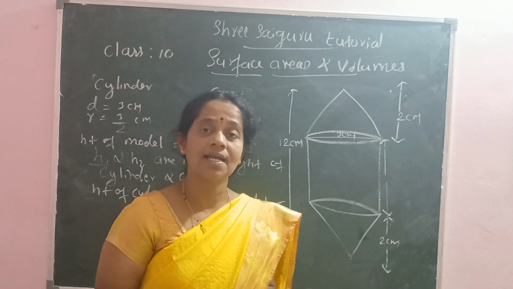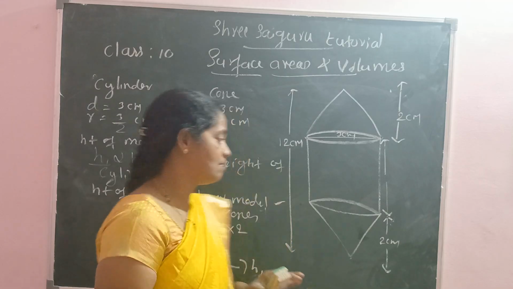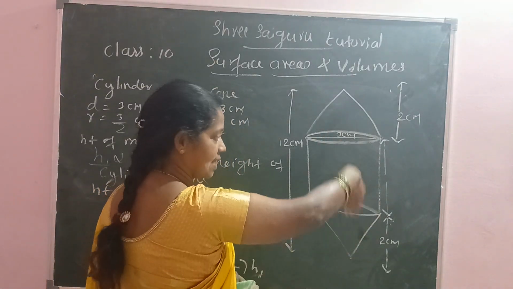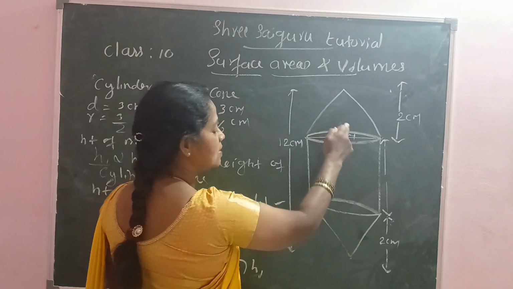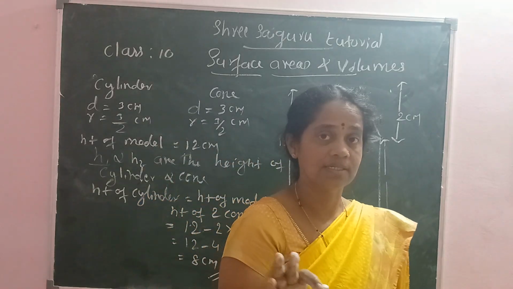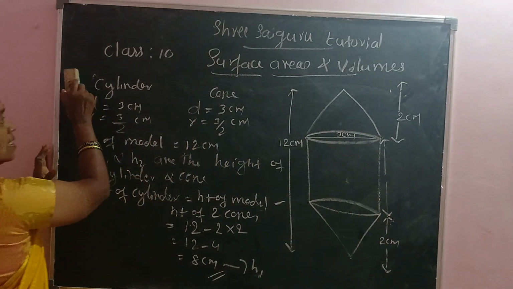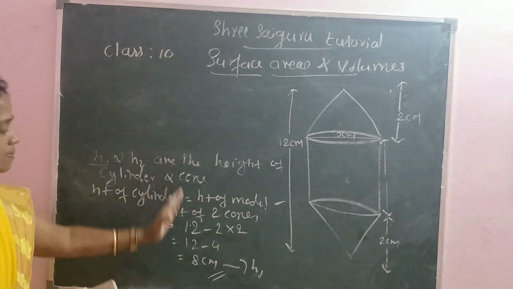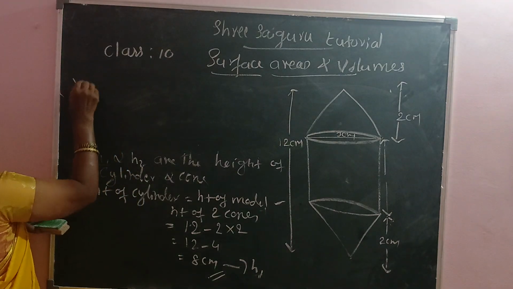Now we have to calculate the volume of the air present in the model. How much air is there inside this model? That is equal to the sum of the volume of the two cones and the volume of the cylinder. This is a very important part of the calculation. Let us continue. These are kept here because I want to substitute all these things.